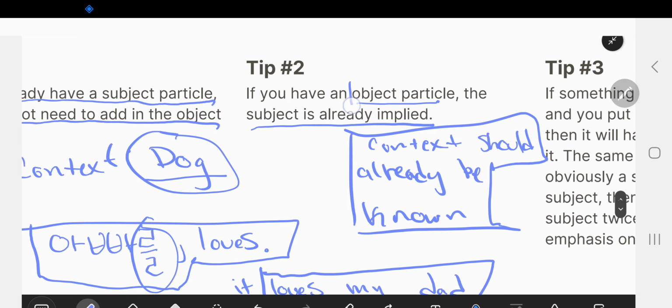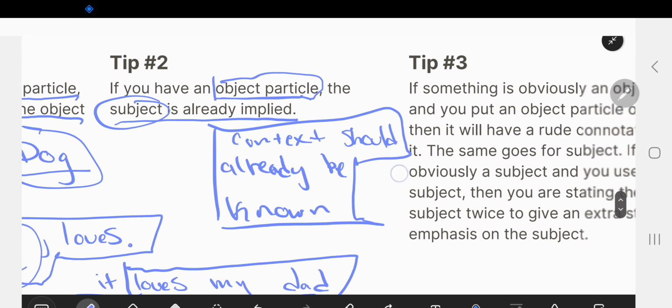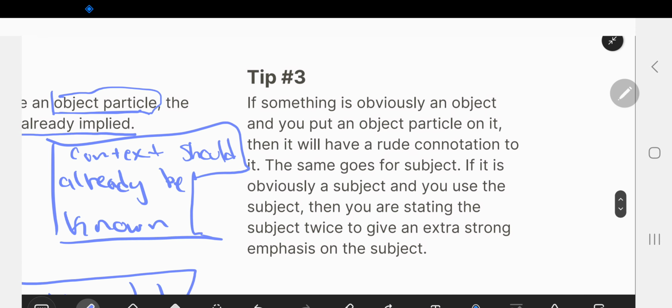So if you have an object particle, the subject is already implied. So you don't even need to include the subject if you already know what you're talking about. And we'll go over this in a moment. You may need to see this video a couple of times because the object particle is quite difficult. The subject particle is quite difficult too.